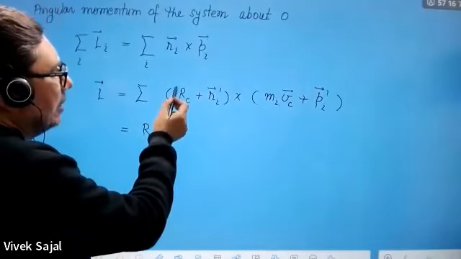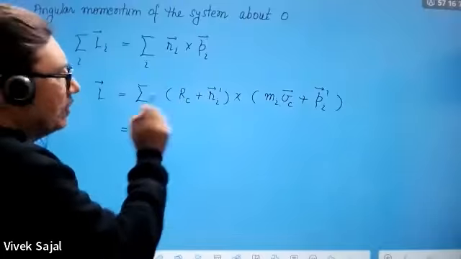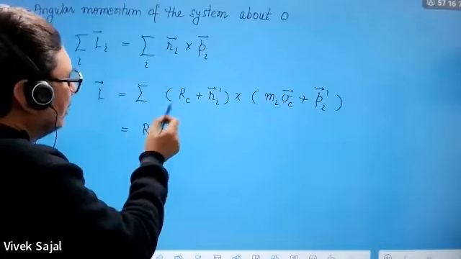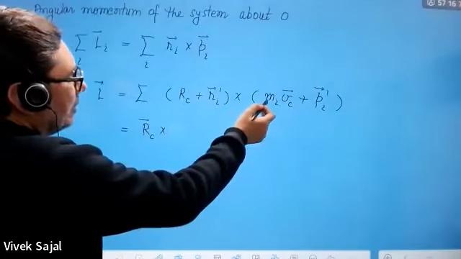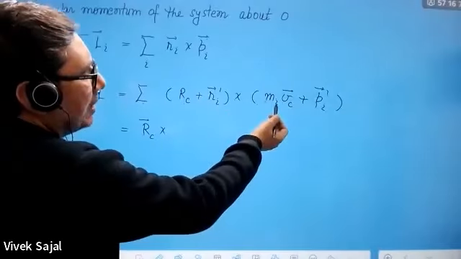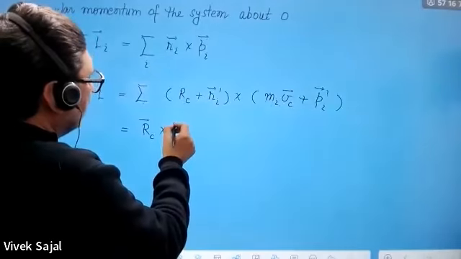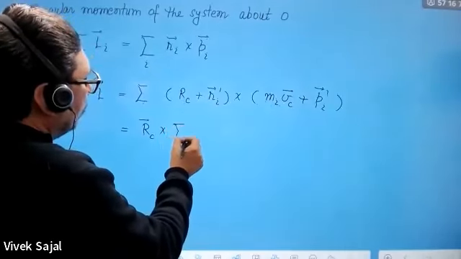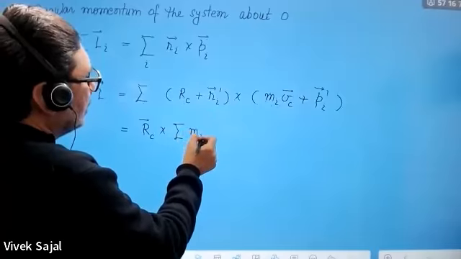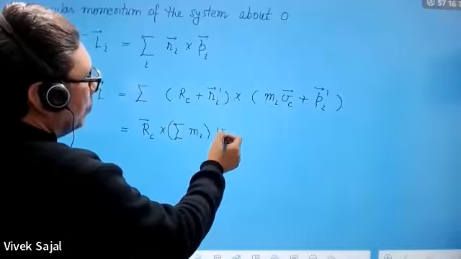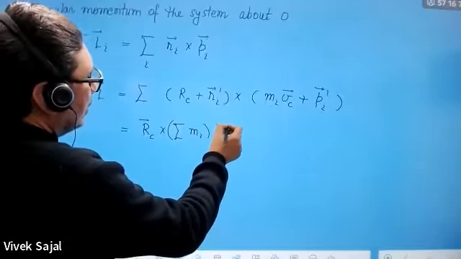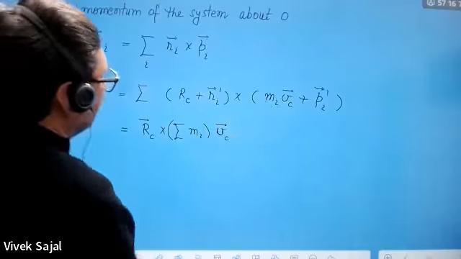Rc is the position vector of the center of mass, so sigma is not going to affect it. Sigma is over this Mi, and Vc is not over this I. So the first term will be like this.